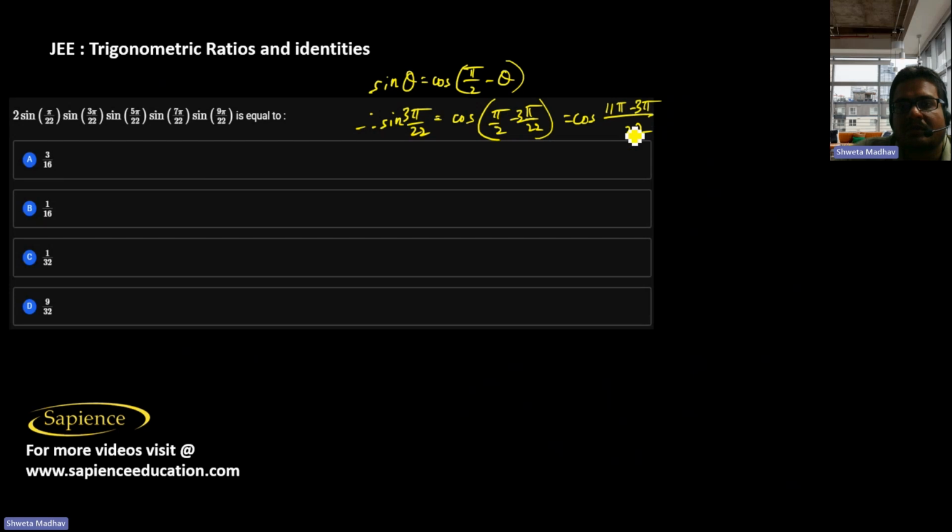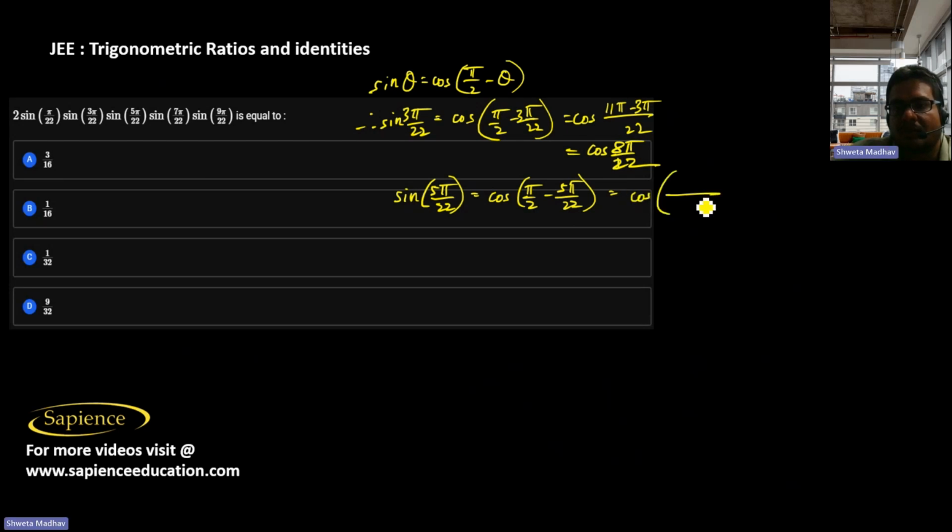So this will be 11 pi minus 3 pi by 22, so it is cos 8 pi by 22. And similarly, sine 5 pi by 22 can be written as cos of pi by 2 minus 5 pi by 22, so this will be cos of 11 pi minus 5 pi by 22. So this is cos 6 pi by 22.